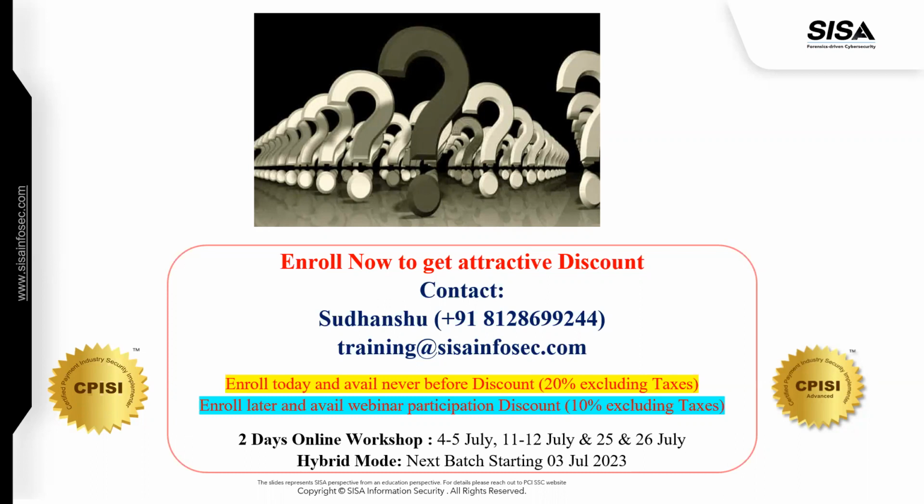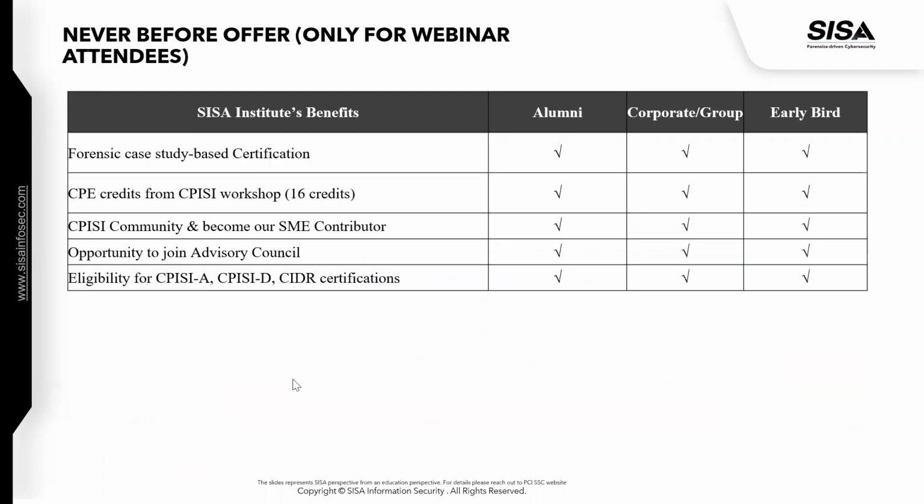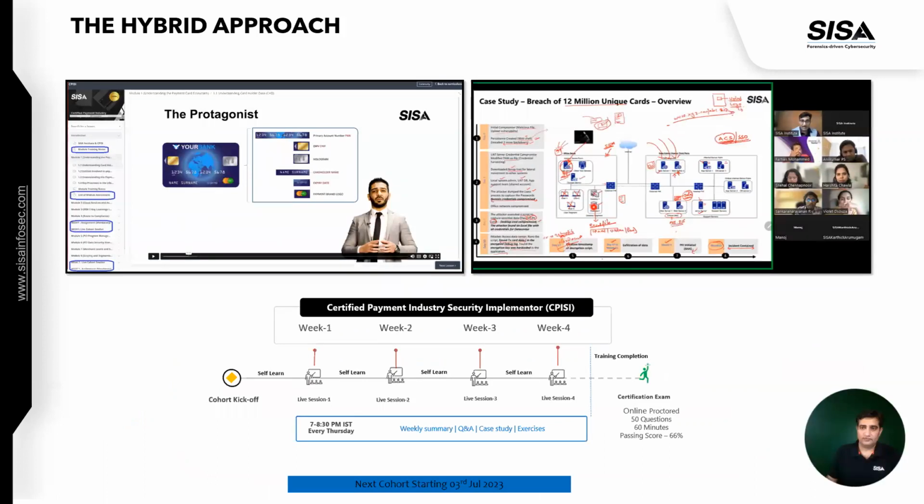Surely. And my recommendation normally to people who don't have that much time, because this demands around 16 hours over 2 days, and if you don't have that much time to dedicate, or maybe it's not possible to take leave, then we can definitely move you to the hybrid batch. Yeah, because if you ask me as a trainer, the hybrid batch is going to change the game for you.